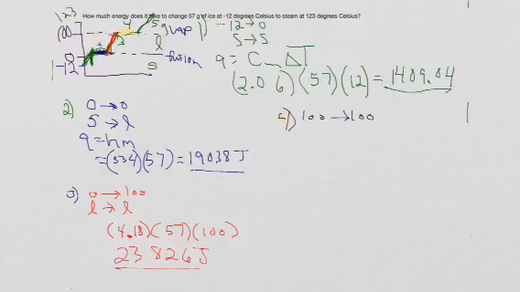So temperature's not changing. That means we must be changing phases. We have a liquid now, we're going to change it to a gas. So we need heat of, and we need mass. So we have to decide, do we need a heat of vaporization or heat of fusion? If you look up here, vaporization is always the top one, fusion is always the bottom one.